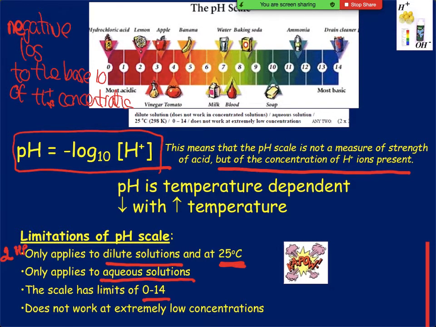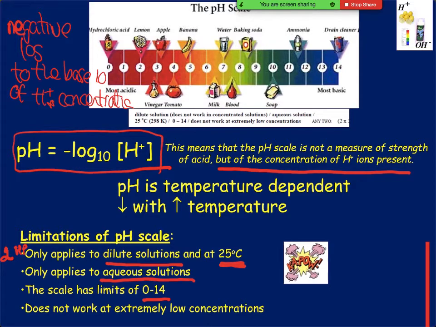How do I measure pH in a lab? Universal indicator would be one. What would be the other method? I have some of them in the lab, but they don't work. Do any of you do your work experience in biology labs? No?